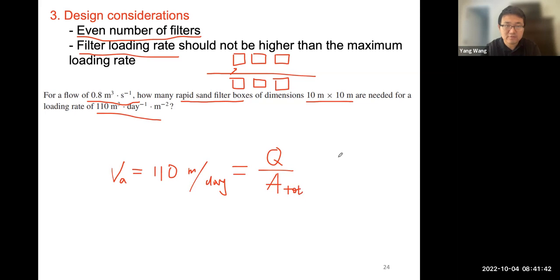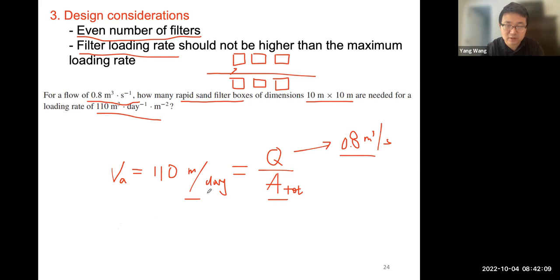So for the flow rate here, you have the value of 0.8 meter cubed per second. With these two values, you can calculate the total area.